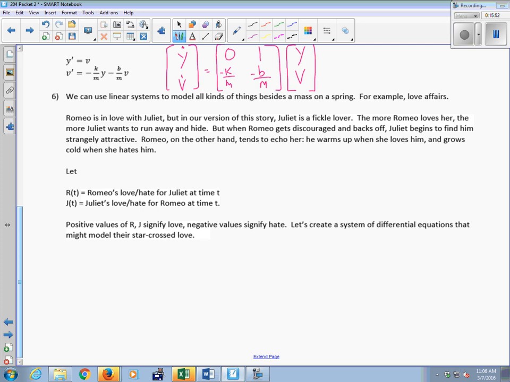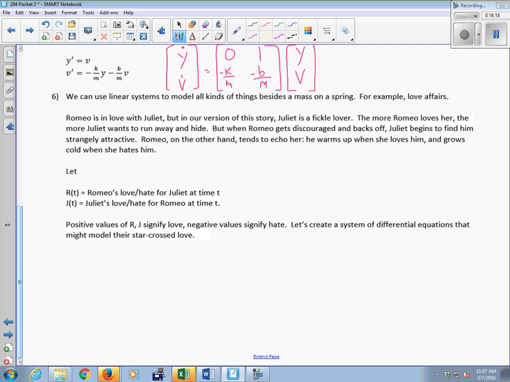When she loves him, he warms up and loves her more, and he grows cold when she hates him. All right, so R of t is going to represent Romeo's love and hate for Juliet at time t.